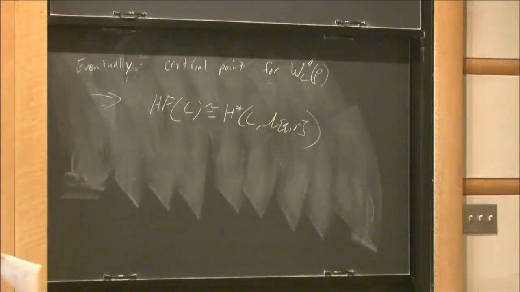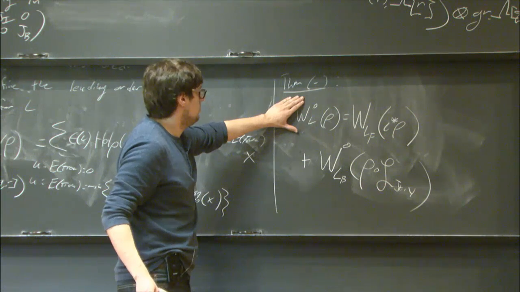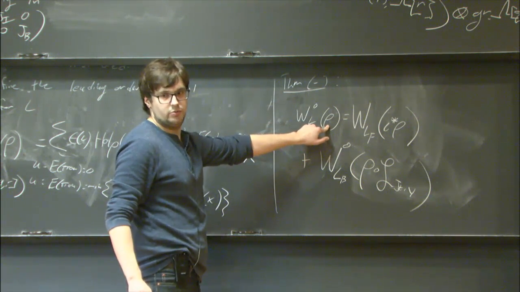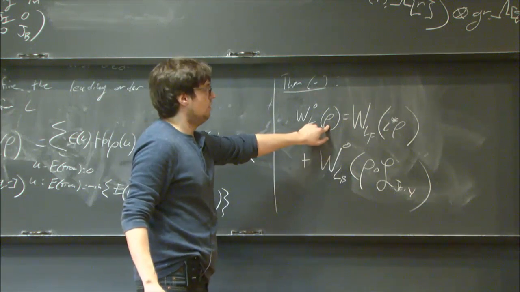Okay, and then so this formula gives you some sort of hope for actually computing the derivative of this with respect to the variable, the representation variable.